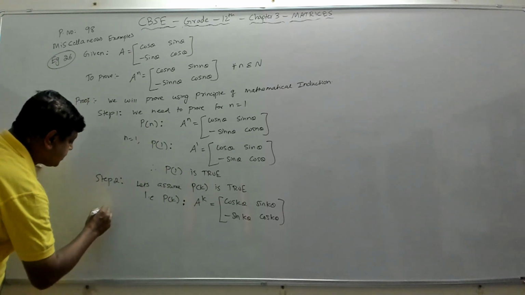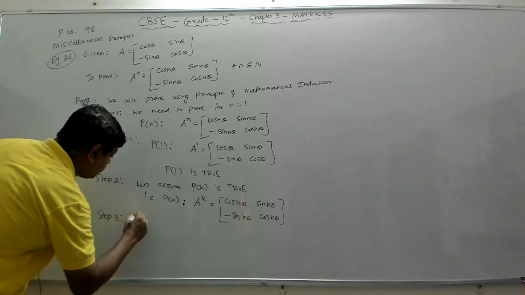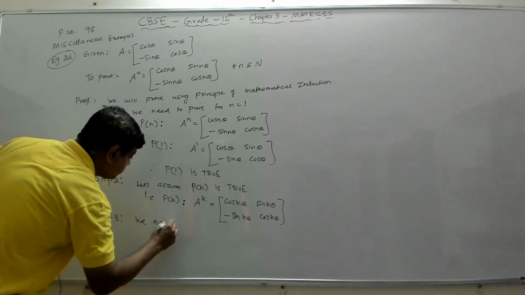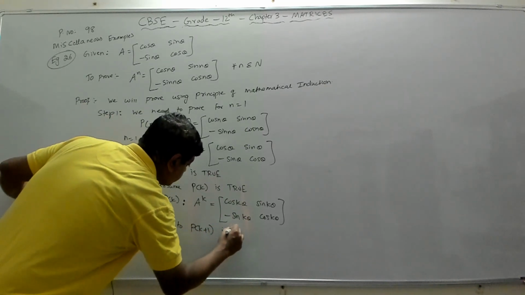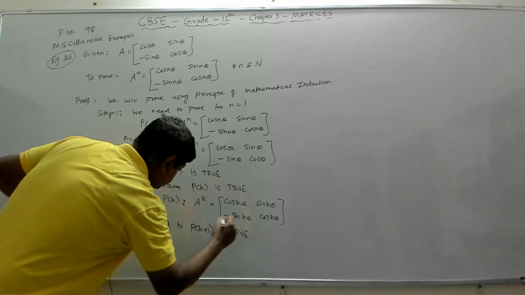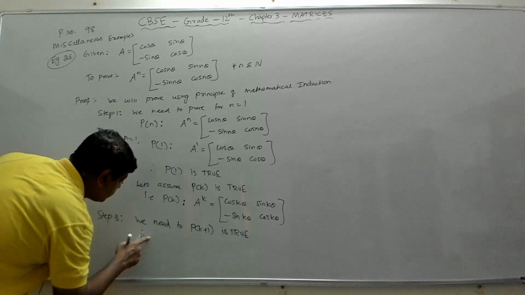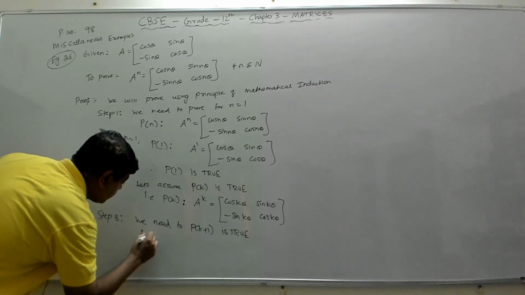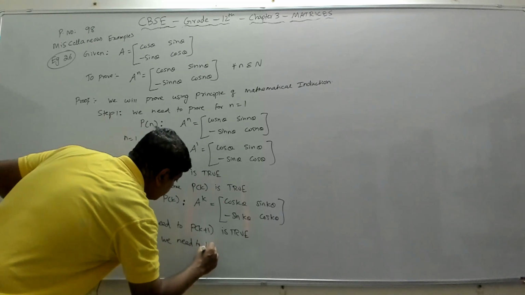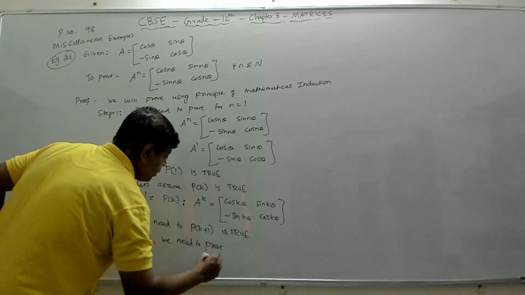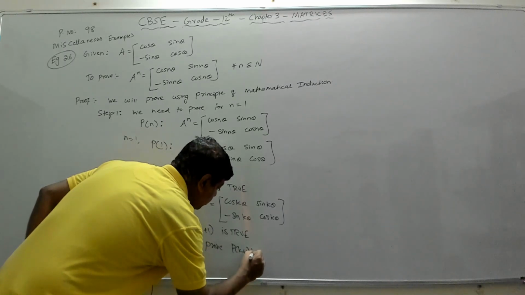Now third step we have to prove P of k plus 1 is true. What is P of k plus 1?